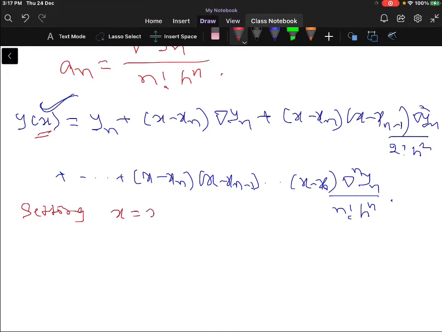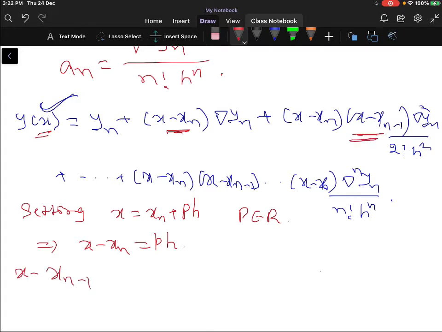So setting x is equal to xn plus ph, where xn is the end value of the values of x here, where p is a real number. So this implies x minus xn is equal to ph. Similarly, we can write x minus xn minus 1.